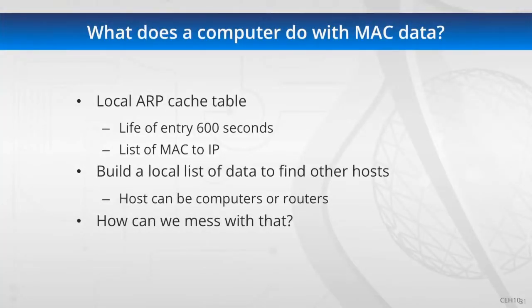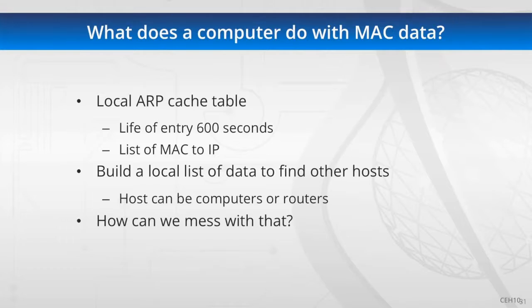We need to talk about how we can abuse, as a penetration tester, MAC data locally on a host, on a regular Windows host or whatever host it is. They have an ARP cache table. This is a list of MAC addresses that they know about that are mapped to IP addresses locally. That lasts for 600 seconds.